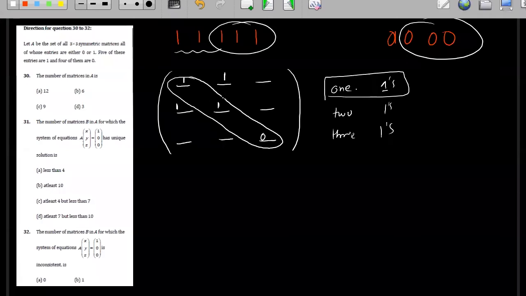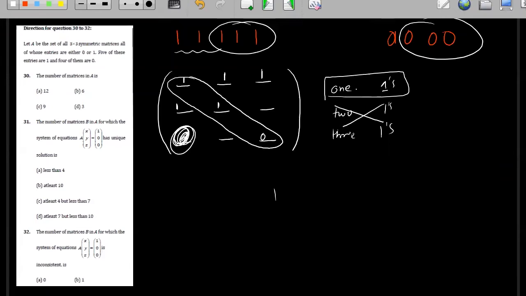Now 5 of them are ones and 4 of them are 0. So now 1 is filled, 1 is left. If I fill 1 here, I do not have any pair to be filled here, right? So that means the second case is not possible.